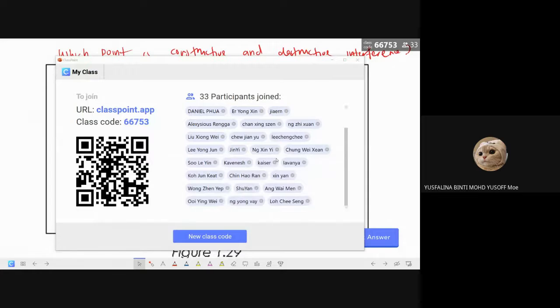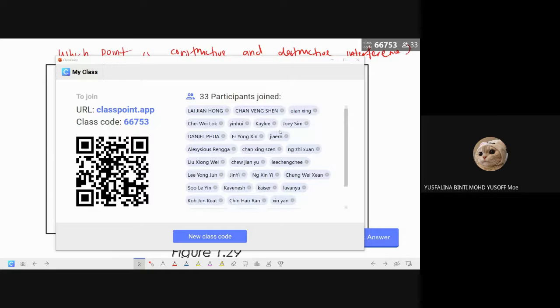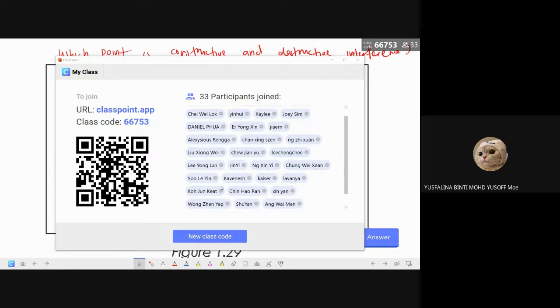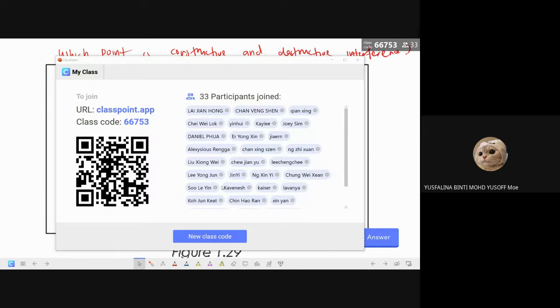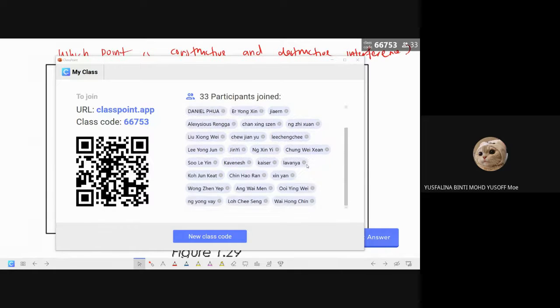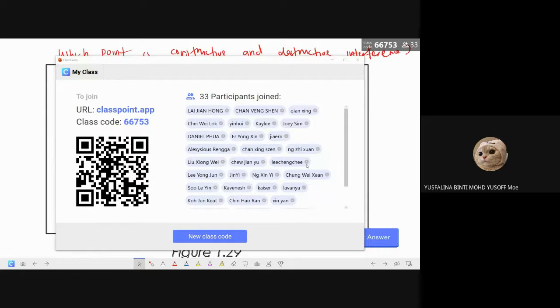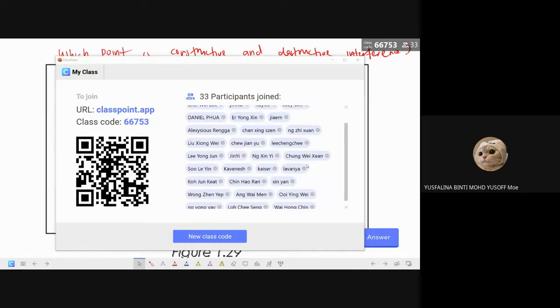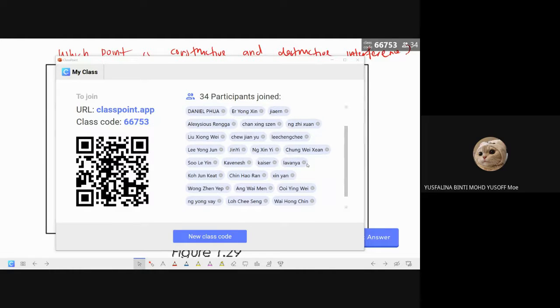Wei Zhen. Okay, Daniel, Yongxing, Joey, Hazel, Kavinesh, Lai Jian Hong, Lavanya, Lee Cheng Chi, Lee Yongjun, Lee Kelly.